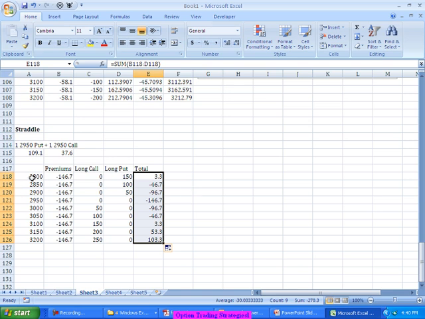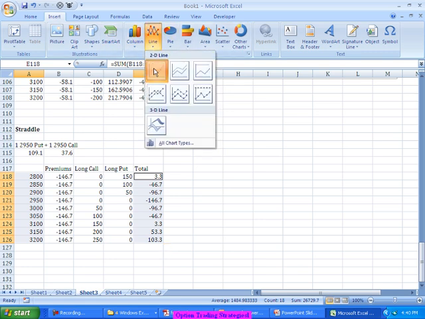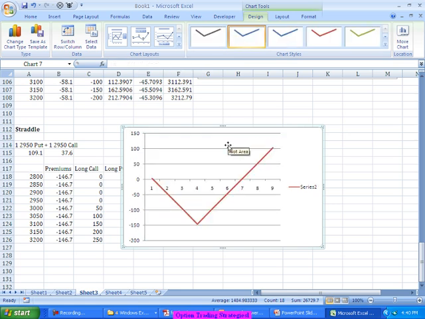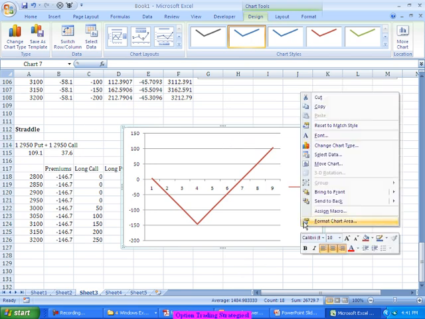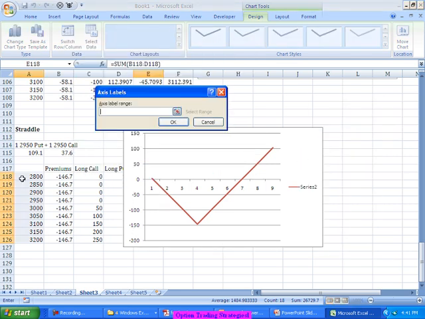So probably if I start plotting a graph, what I observe is a kind of a V shape, right?